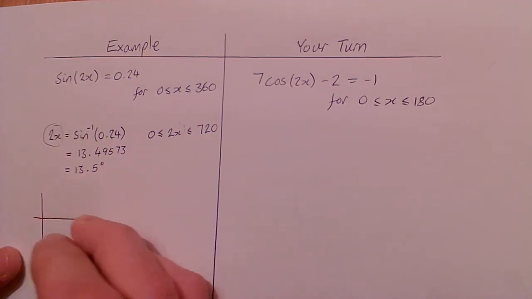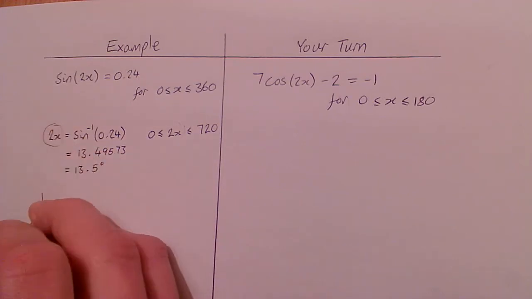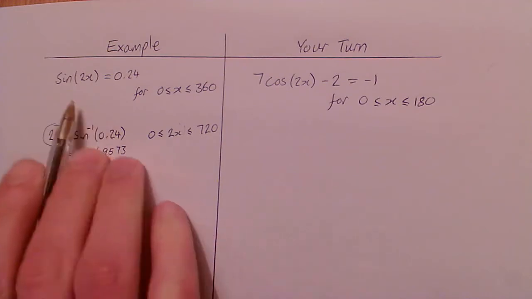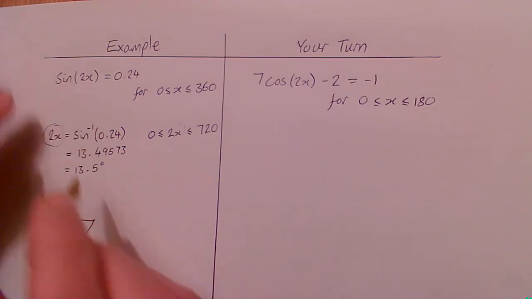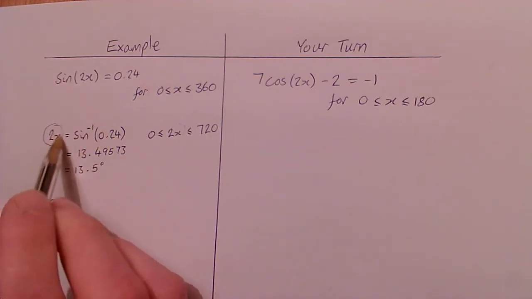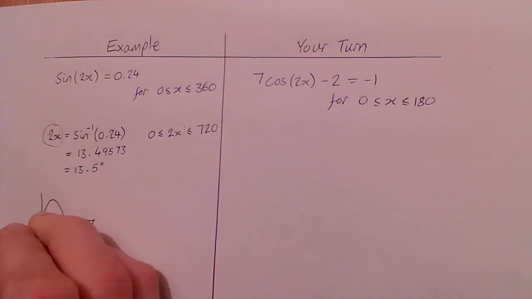You have to find all your angles first, and then we'll worry about dividing by the 2x. The reason that's important is the angle is what applies to solving this sine. So if we started messing around going down to x straight away, we'd be messing with an individual bit here rather than with the whole angle that we were solving for.